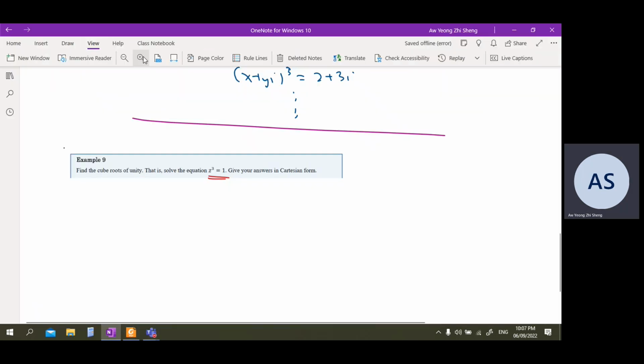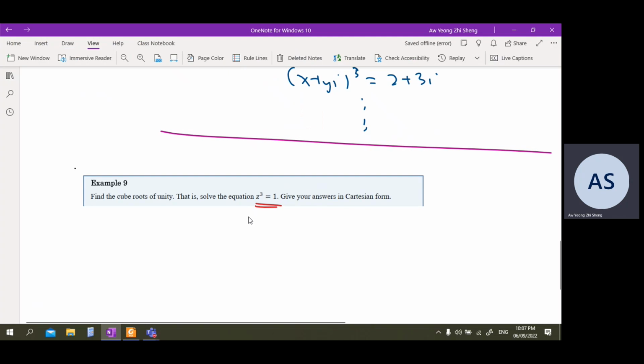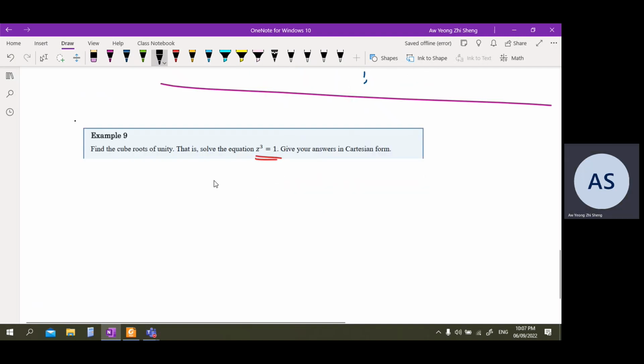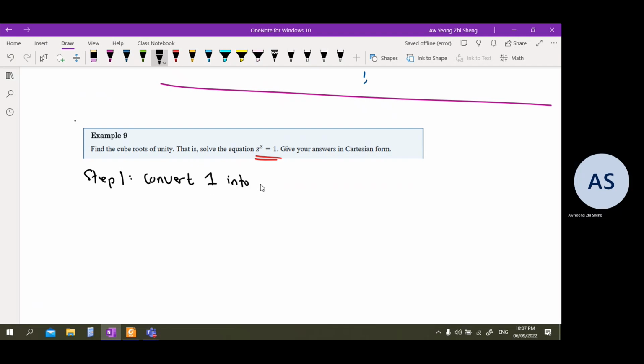It's easier to do it in polar form rather than Cartesian form whenever the root you are solving for is of order 3 or higher. So step 1, convert the number 1, the right-hand side of the equation, into polar form.